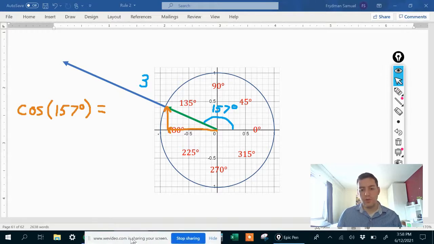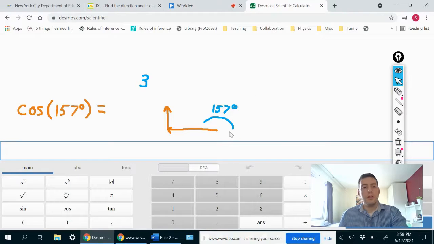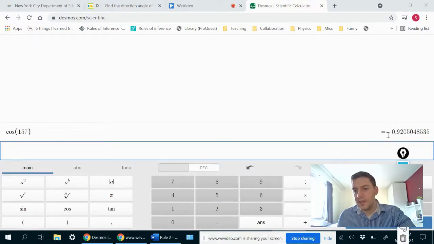So I'm going to go over to desmos.com/scientific, and I'm just going to type in the cosine of 157 degrees, and that is negative 0.92 and so on.